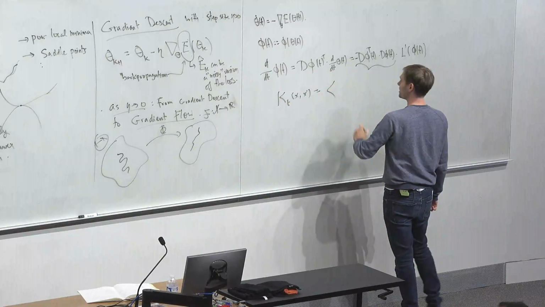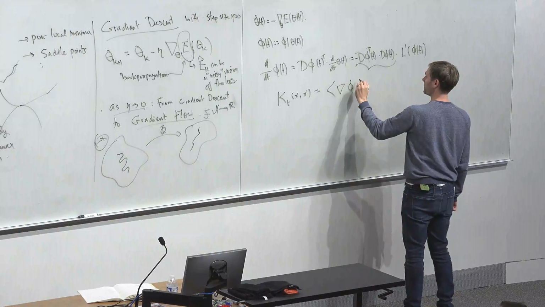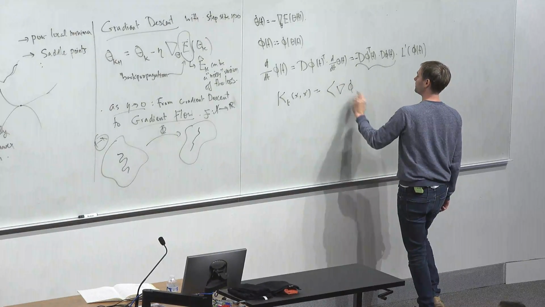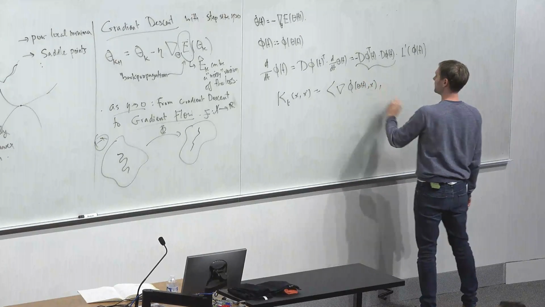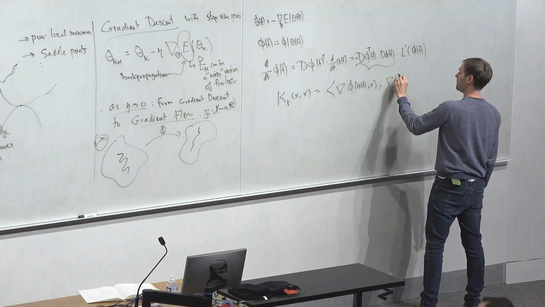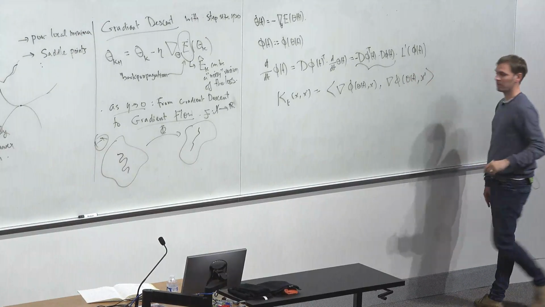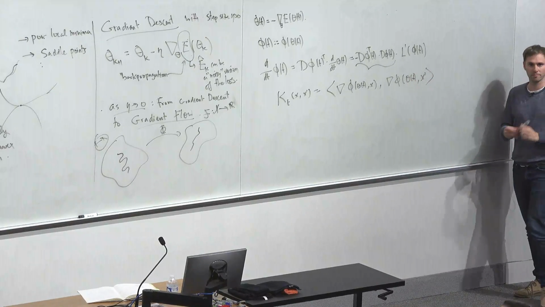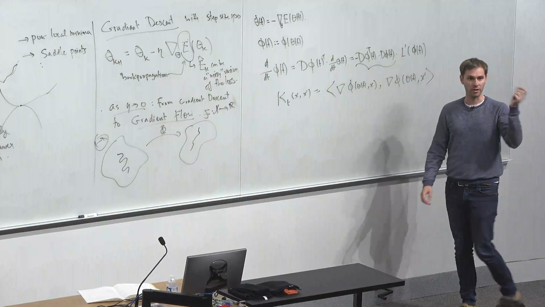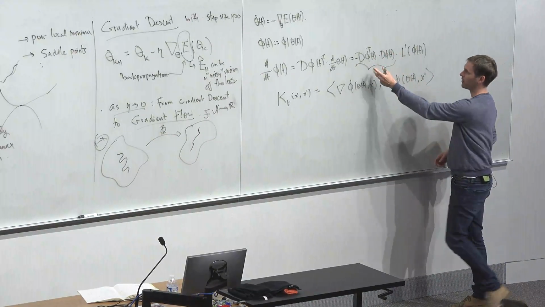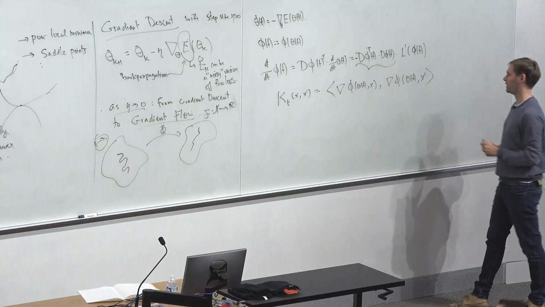By definition, this is going to be the Jacobian of phi of theta t evaluated at x, with the Jacobian of phi of theta t evaluated at x prime. This is a kind of matrix, and the coordinates in this matrix are just the dot product between the row of this vector and the corresponding row of this vector.